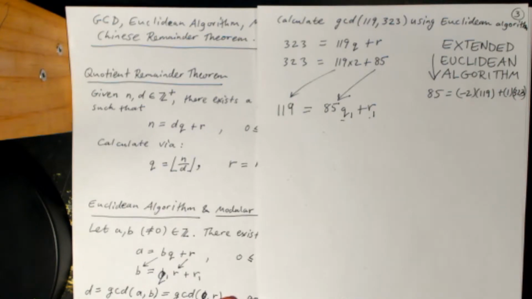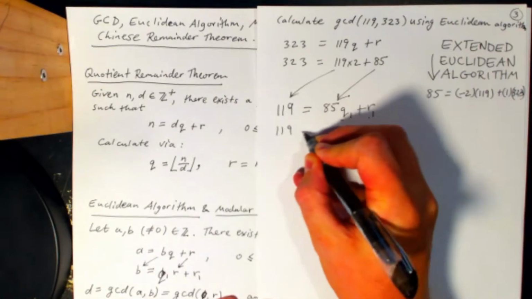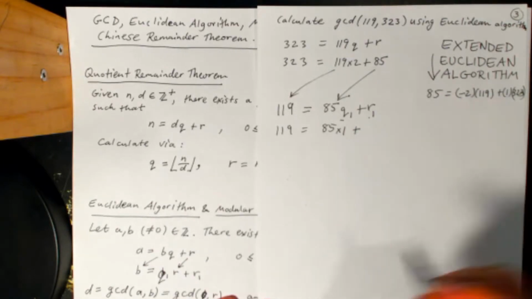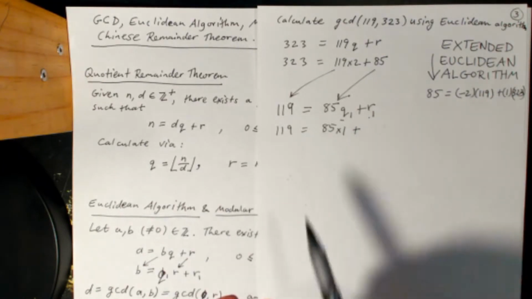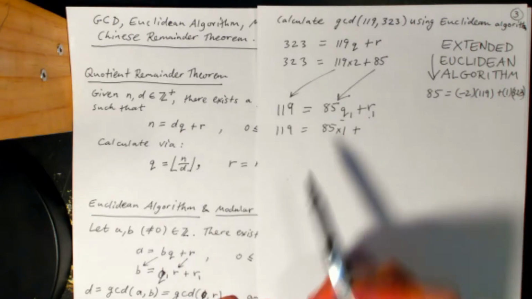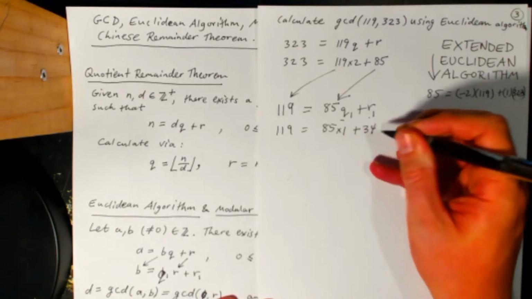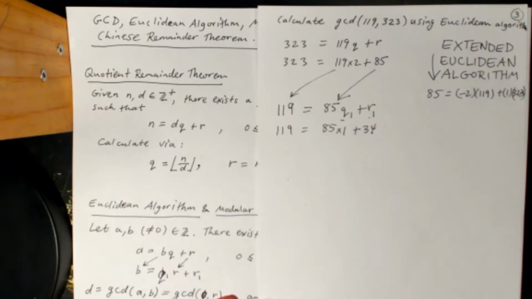Okay, so 119 divided by 85 gives us 1 point something, but we're only interested in the 1. So we have 119 is equal to 85 times 1, plus the remainder, which is the difference, 119 minus 85 times 1. Okay, that's 34. So the new remainder there is 34.